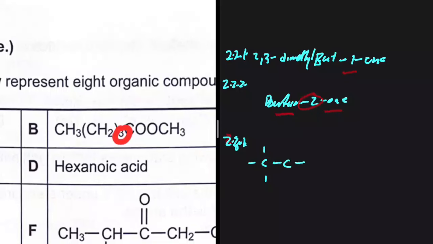So 1, 2, 3 with 2 hydrogens each. Okay, and then after that we have another carbon which is double bonded to an oxygen, and one other oxygen which is bonded to its carbon. Okay, so this is the structure you're supposed to have for compound B.